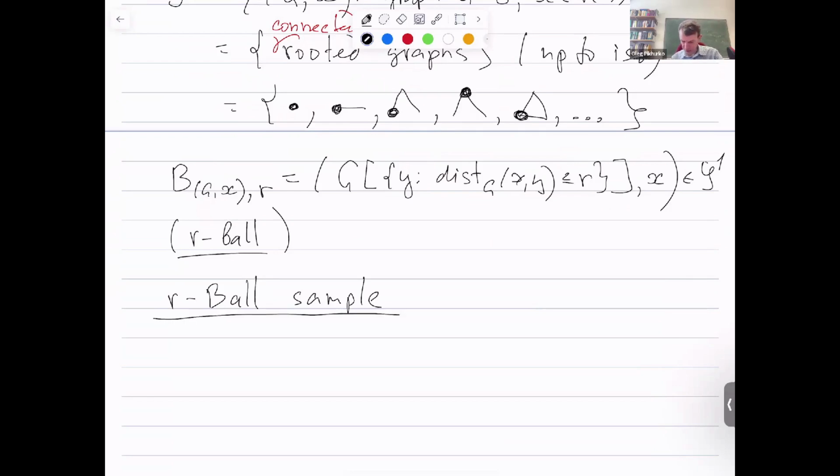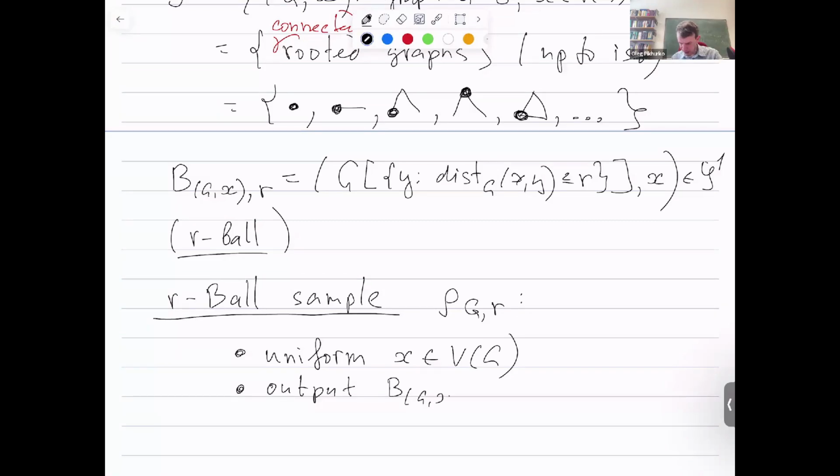So again, I have some graph G, which is unrooted, and I have to tell you this parameter R. It is produced as follows: you pick a uniform random vertex of G, all vertices equally likely, and then you output this R-ball B_G(x, R).